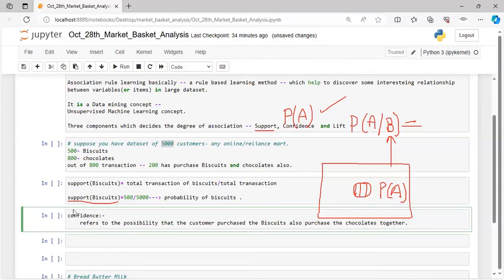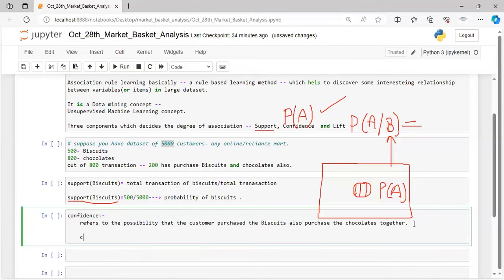So similarly, if you want to say what is the confidence, we can write confidence equal to transactions of biscuits plus chocolates divided by total transactions of biscuits.